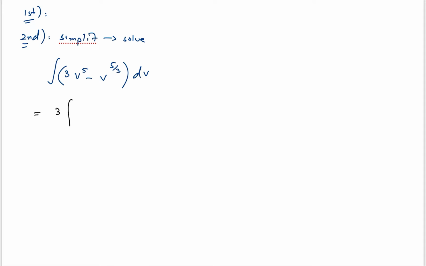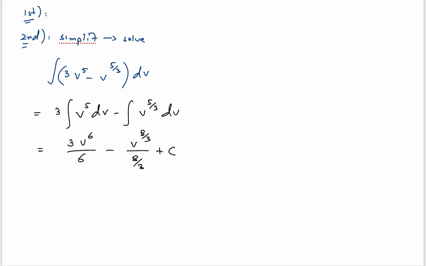So we can write it as the integral of 3v to the power 5 dv minus the integral of v to the power 5 over 3 dv, right? So it is 3v to the power 6 over 6 minus v to the power (5 over 3 plus 1), that is 8 over 3, divided by 8 over 3, plus c. So this is the integration. This question is directly solvable, right?